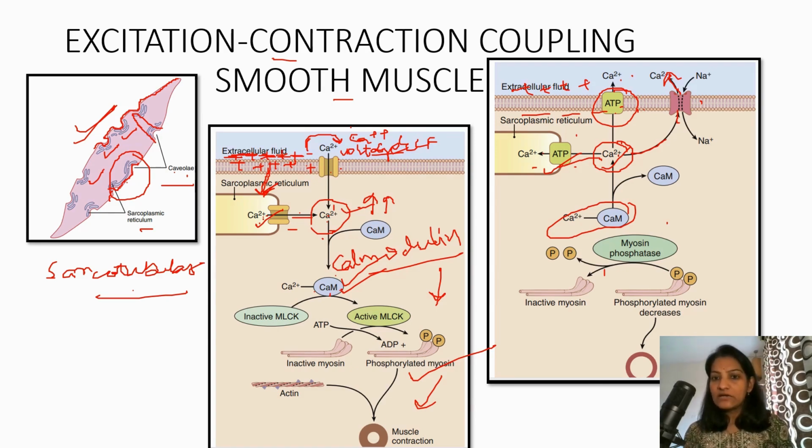Here, one point has to be discussed, that the voltage gated calcium ion channels present in the cell membrane, which make the calcium ion available inside the cytoplasm, are slow opening channels. So they will remain open for a longer duration of time.